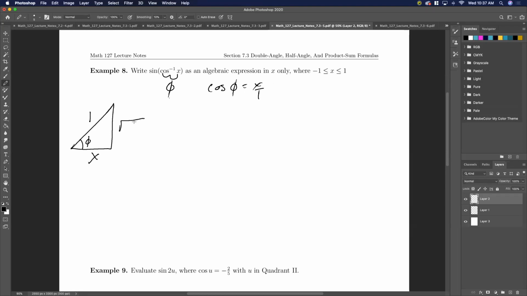This becomes, according to my theory, the square root of 1 minus x squared. And so here, the sine of phi is equal to the opposite, square root of 1 minus x squared, all over 1.